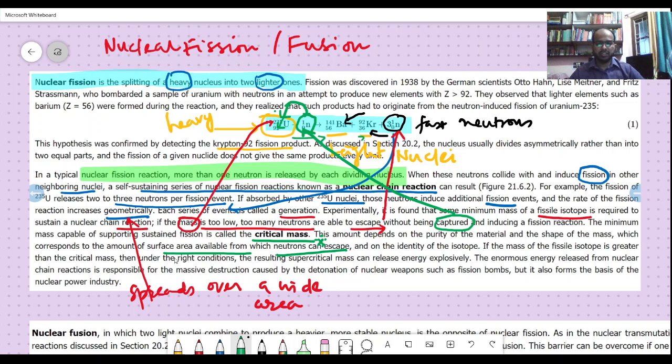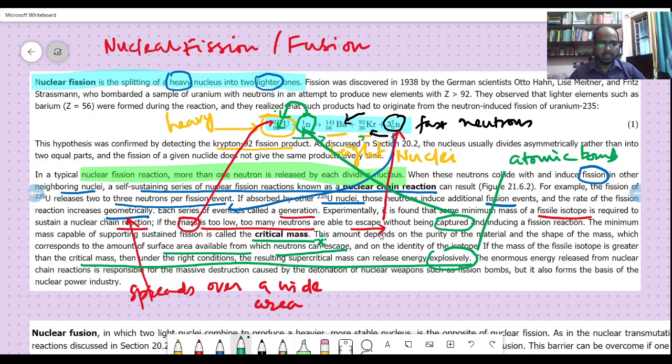If the mass of the fissile material is greater than the critical mass, under the right conditions the resulting chain reaction can release energy explosively. If the reaction cannot be controlled, it can result in an explosion. That is what I was telling you about the atomic bomb. You need certain controllers to stop the chain reaction.